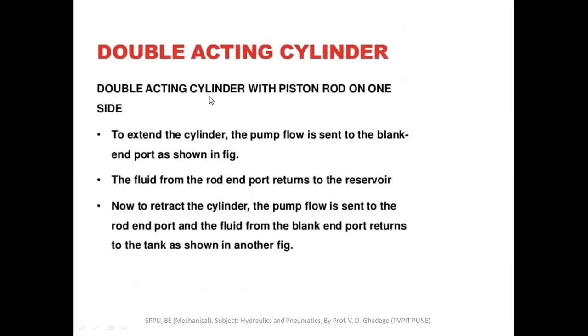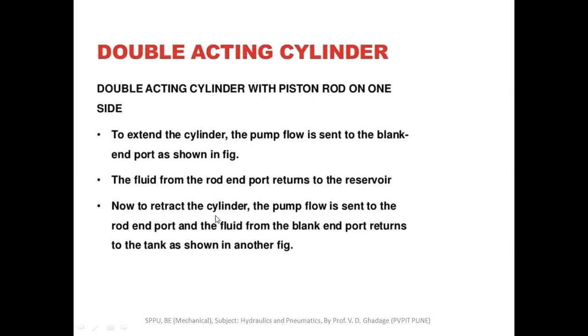So double acting cylinder with piston rod on one side. To extend the cylinder, the pump flow is sent to the blank end port as shown in the figure. The fluid from the rod end port returns to the reservoir.